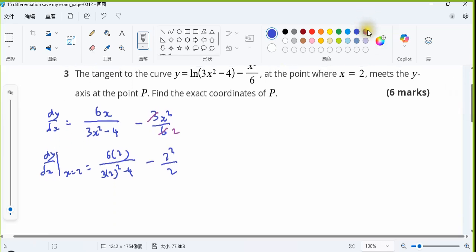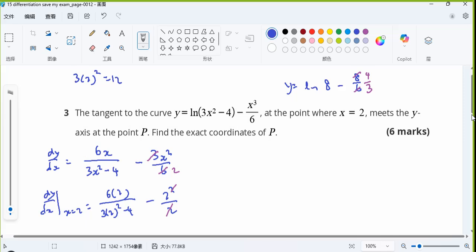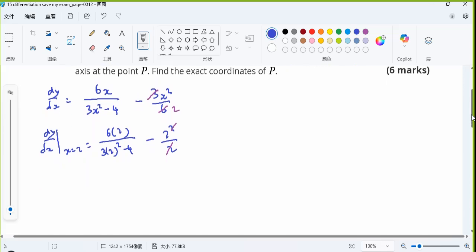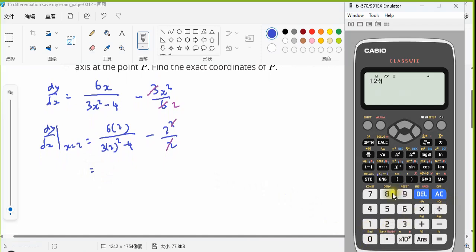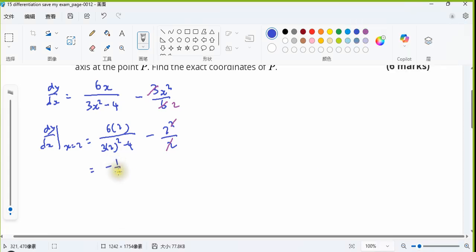Okay, so we will have 3x squared minus 4 is 8. So 12 divided by 8 will be 3 over 2. And then minus 2 will be negative half. This is the gradient of the tangent.